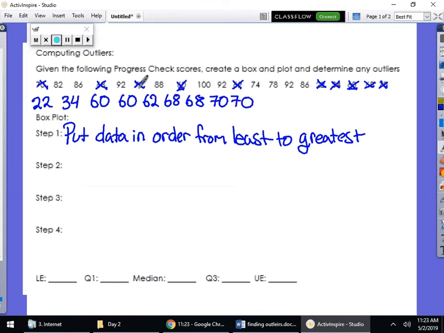no more 60s, now we're on 70 and 70, so two 70s, a 72, 74, 78, and then 80, so 82, 86, 86, 88.